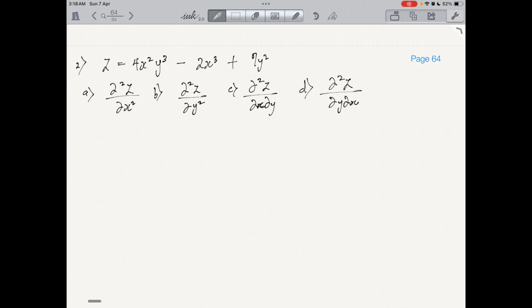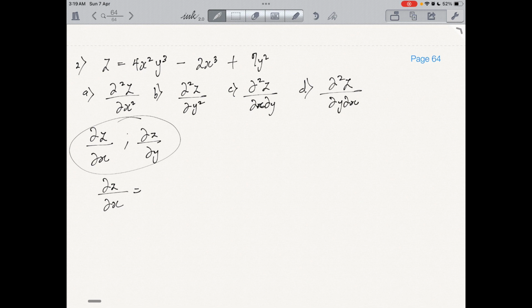As we all know, the first thing to evaluate are both ∂z/∂x and ∂z/∂y. Fundamentals. So let's evaluate ∂z/∂x. That means we are differentiating partially with respect to x.